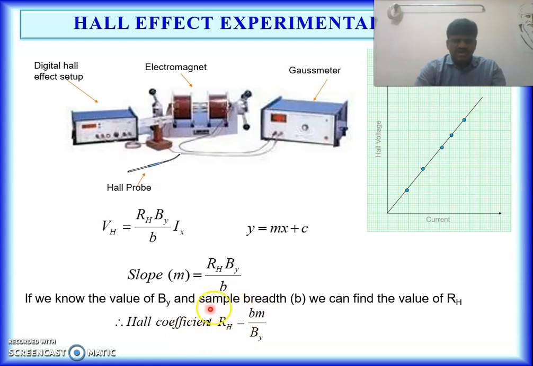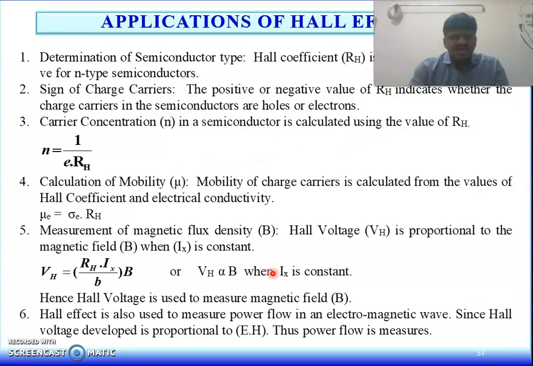If you know the RH value, we can find different parameters, which we can take as applications of the Hall effect. We can find whether the given semiconductor is positive or negative, whether it has positive carriers or negative carriers, and we can also find the carrier concentration of n-type and p-type semiconductors.